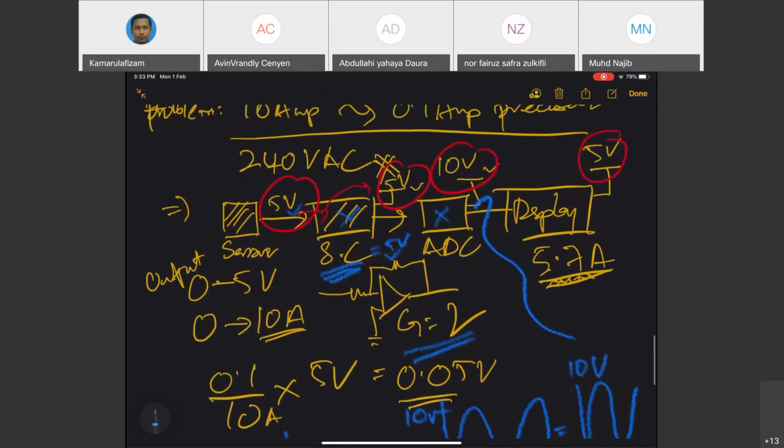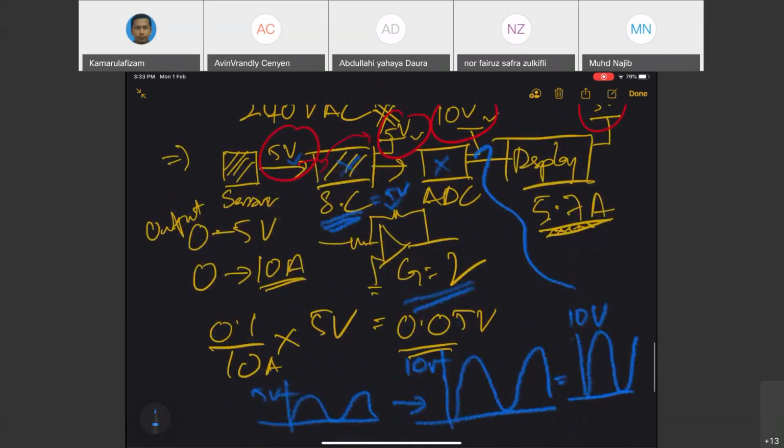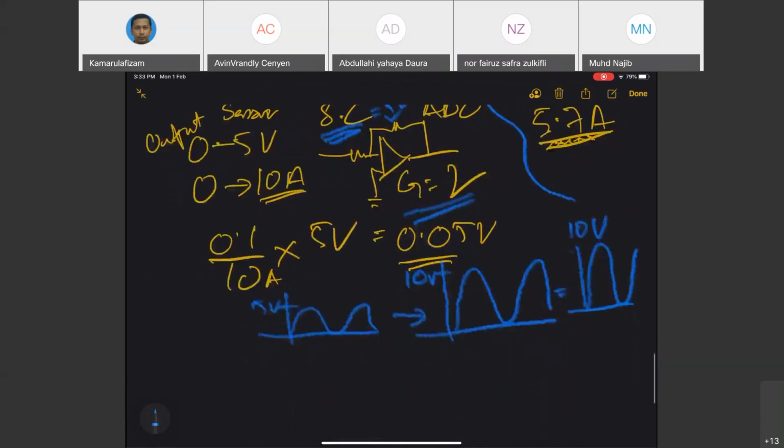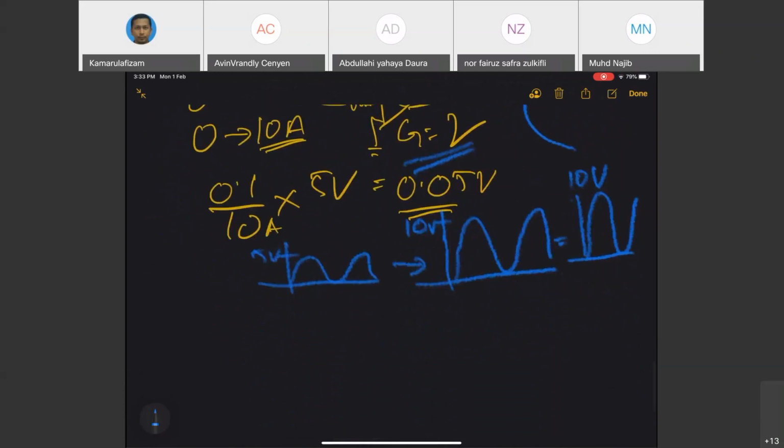And then from here, okay, from here you are looking at mana tadi? You are looking at 0.05 precision. Okay, so how to find the number of bits just now? 0.05 divide by berapa volt? 5 volt. So berapa N guys?